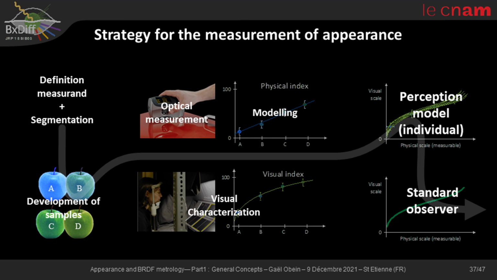So for color, for instance, in 1931, CIE developed the color standard observer, and it is defined by three curves, one in the blue, in the red, and in the green. And of course, as I showed you, it's not enough to describe a full color because the color can be modified by the environment, by a lot of other things.